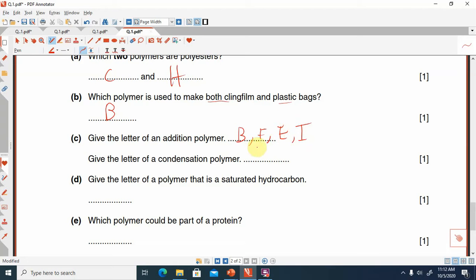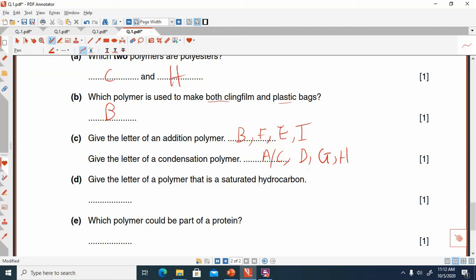Now what about condensation polymerization? You can write A, in which two different monomers are linked together, C, D, G and H.